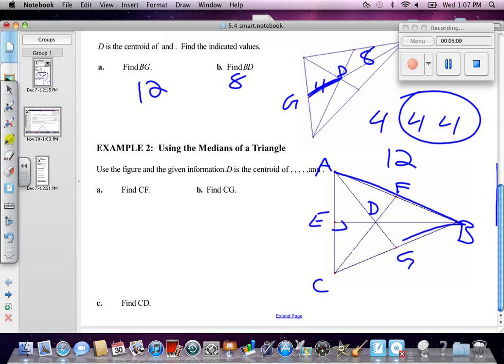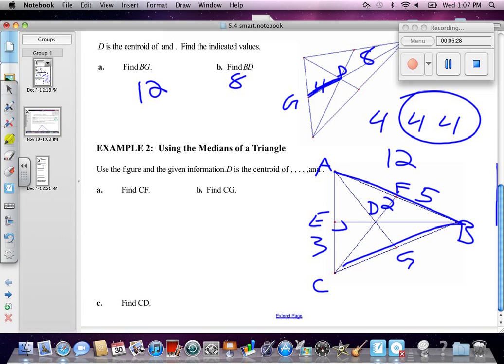AB to CB is congruent. So this whole side is the same length as this whole side. We know F to B is 5. We know E to C is 3. And we know D to F is 2.